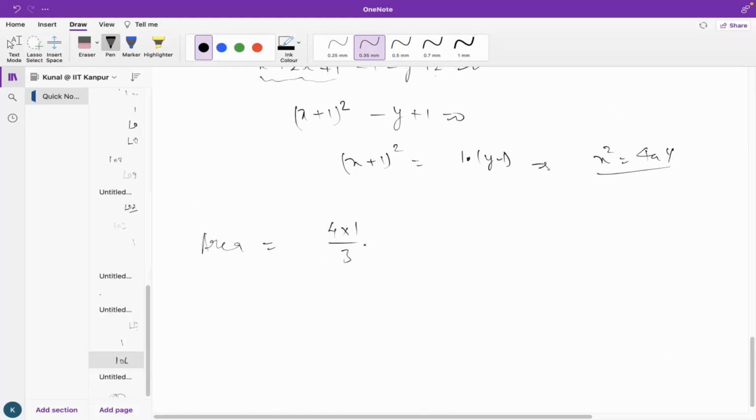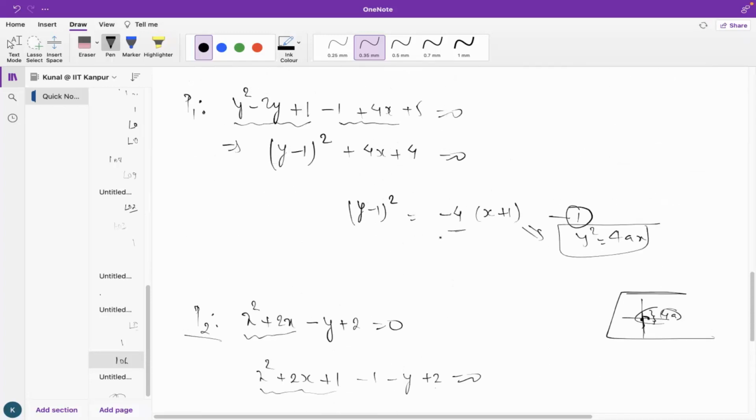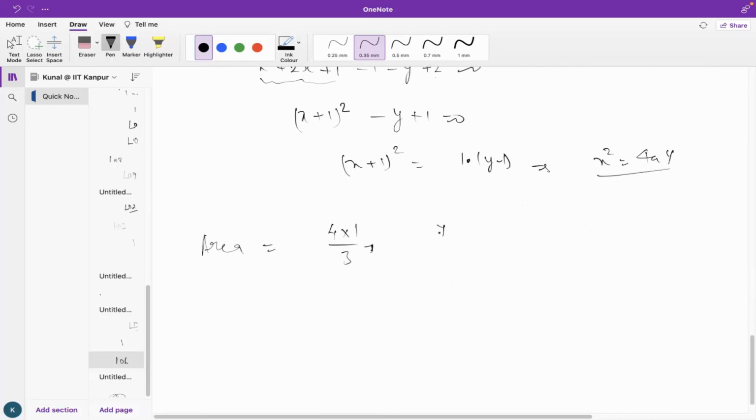So 4 into 1 by 3. 4 comes from there and 1 comes from there. So the area will be 4 by 3 square unit.